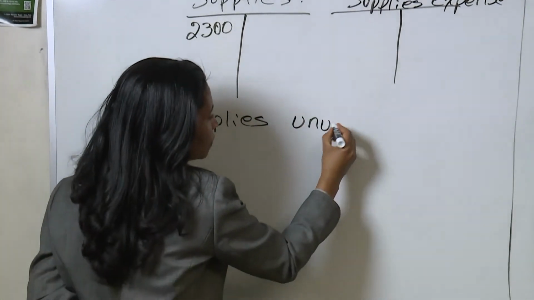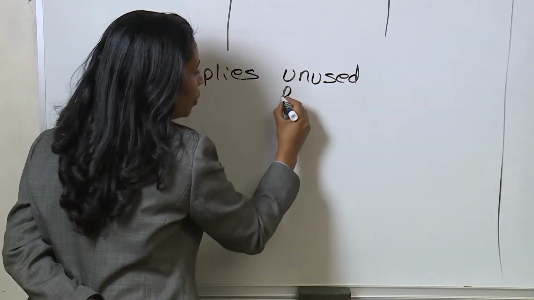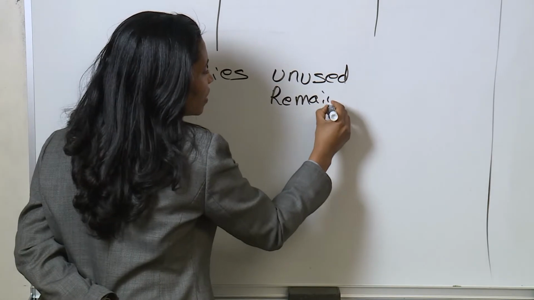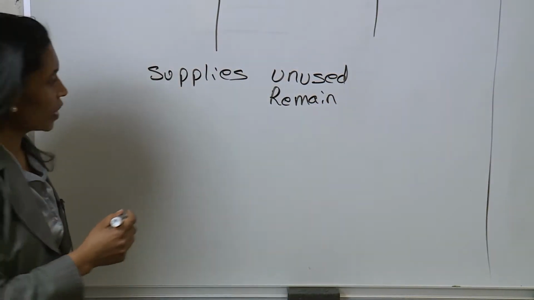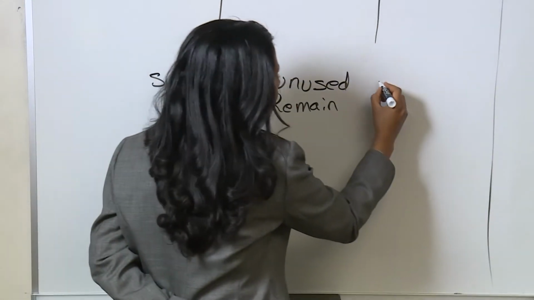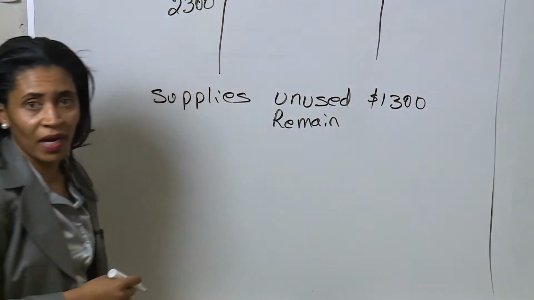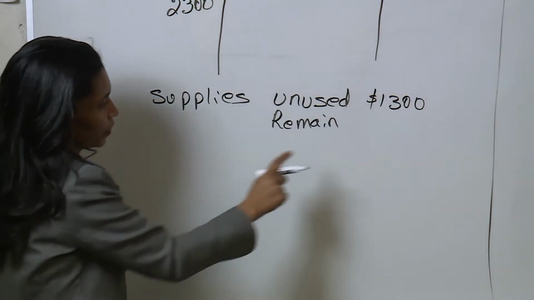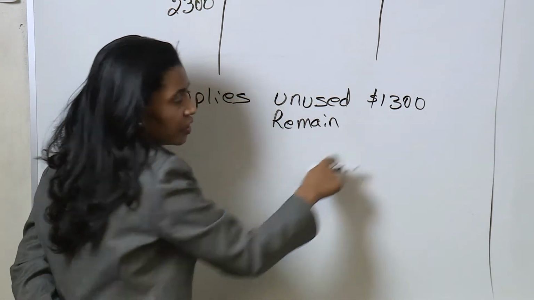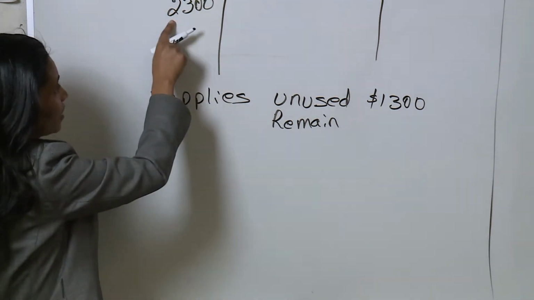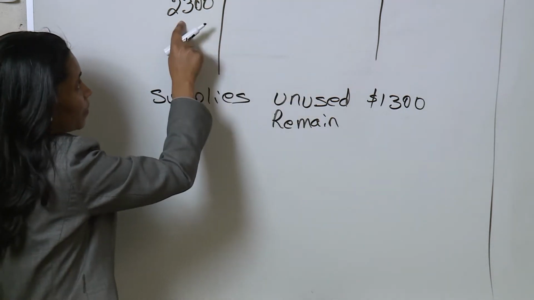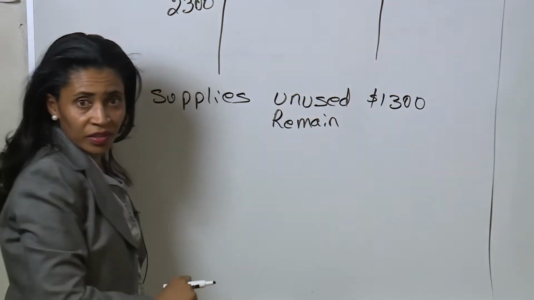the unused amount, or the remaining amount, what's left. So for this question, we have 1,300 as the remaining balance given. If it is 1,300 that's left, rather than 2,300, my supplies account should show only 1,300.